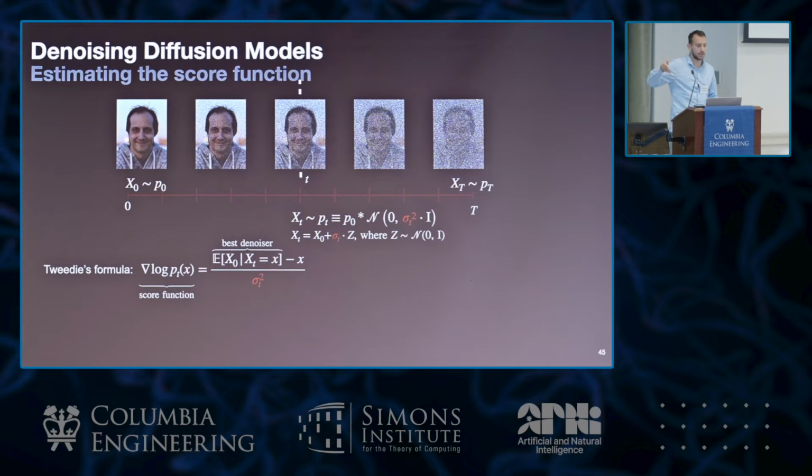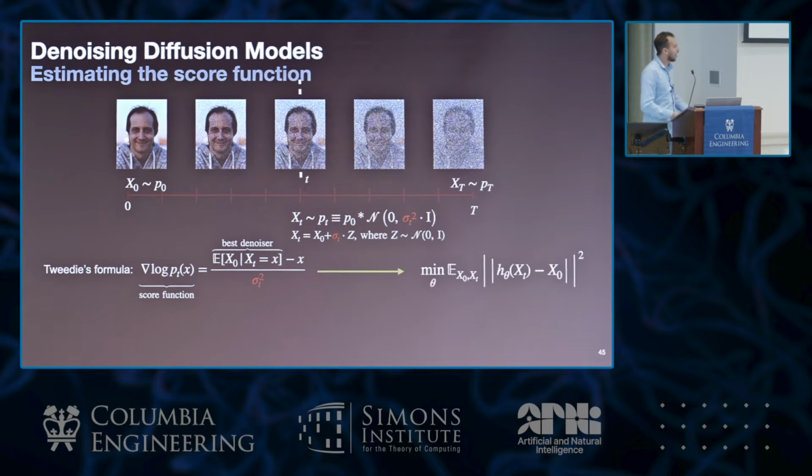We denote these levels of noise with t. The higher the t, the more the noise. And then what you want to do is learn this conditional expectation of x0 given xt, which is your best prediction for the clean image given the noisy version of it. And that's all that diffusion models do. They learn all of these denoisers at different levels of noise, and then they use them to start from a Gaussian distribution and go all the way to the distribution of real images.